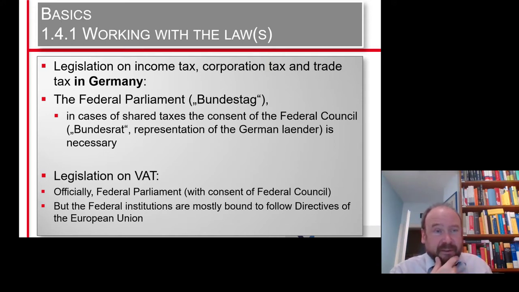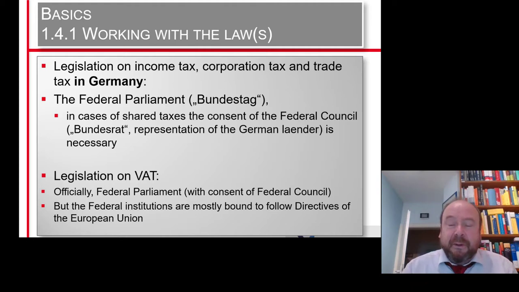So officially the normal rules apply, but unofficially, or in an undercover way, the federal institutions there have to legislate according to the orders of the European Union, because the European Union has, under the treaty which founded the European Union, got the right to give binding orders to its member states, how they have to legislate, or that they have to follow certain orders when they legislate on economical aspects and on everything which is relevant for economy.